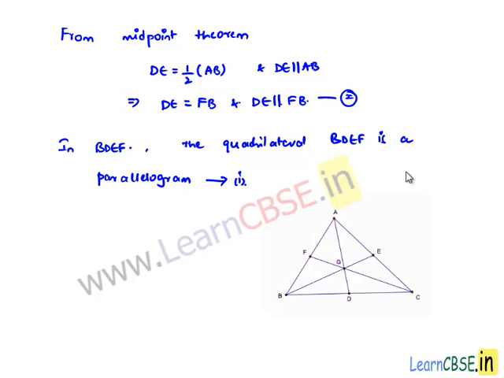Here, in the second proof, we are required to prove that the area of triangle DEF is equal to 1/4 of the area of triangle ABC. So now let us join the triangle DEF.